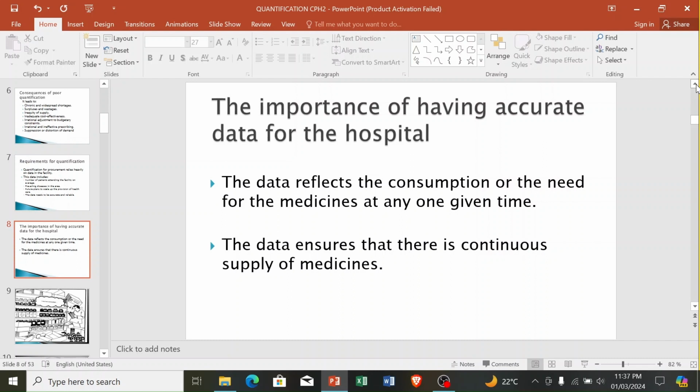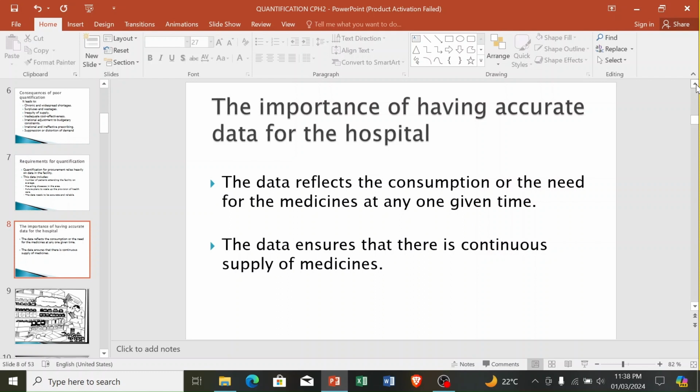When they expire in the store, we shall again have to look out for ways of disposing them off. So how we dispose them off, we are going to incur costs. So we make a loss. The data ensures that there is continuous supply of medicine.